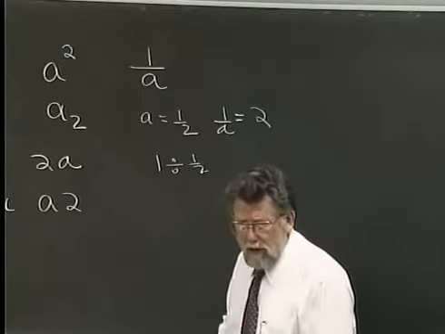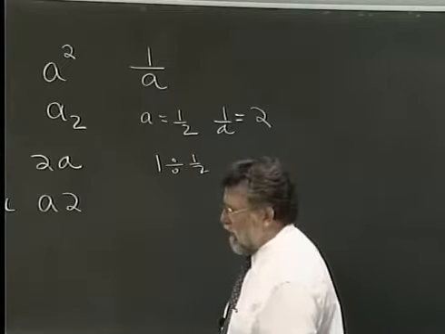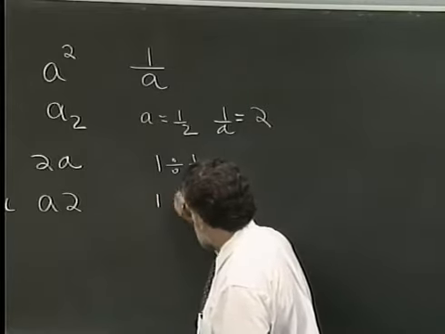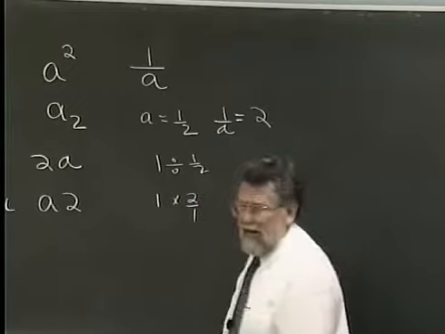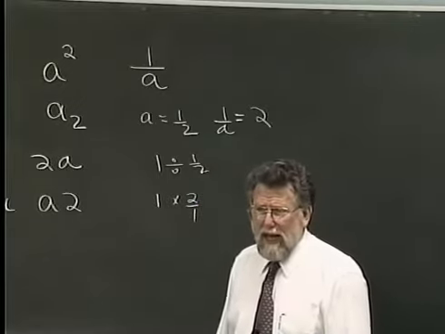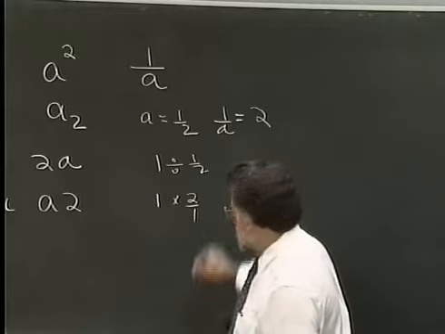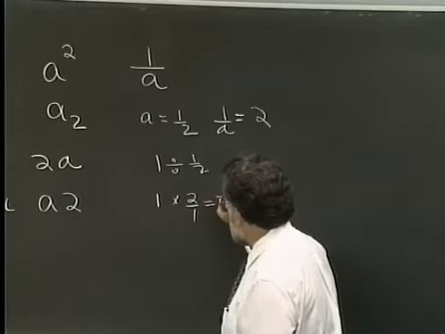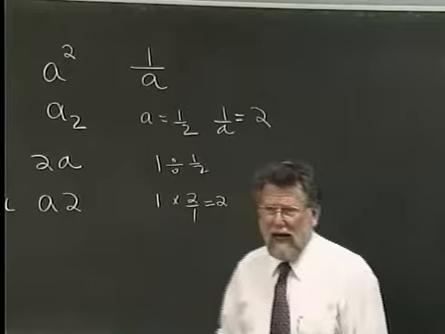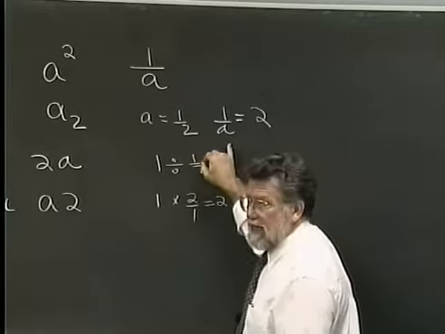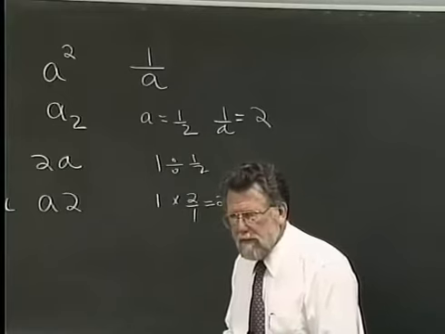What do you do as a rule? Invert and multiply, in case you have forgotten. So we're going to invert and multiply, and I'm going to use x for the moment as an operation symbol. 1 over 1 times 2 over 1 is 2. If taking the reciprocal means turning something upside down, and a is 1/2, then 1 over a is 2 over 1, which is 2.